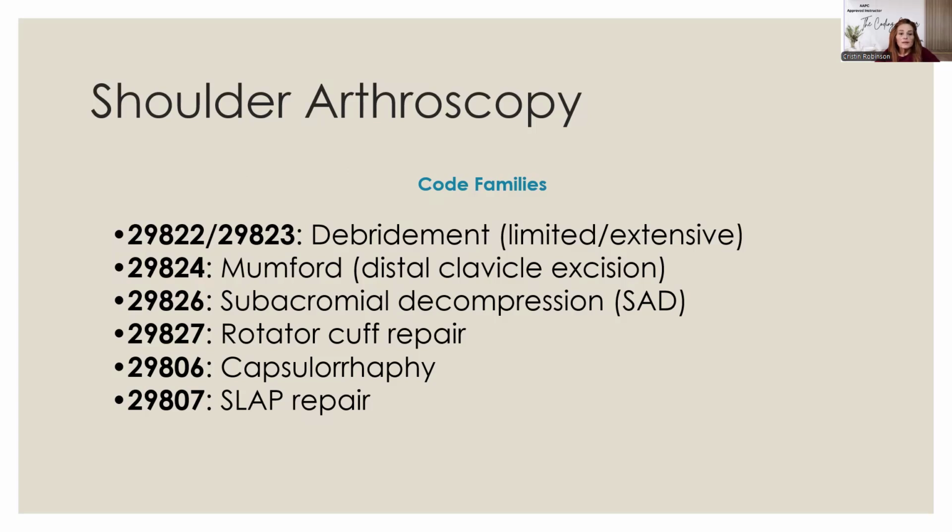29826, or subacromial decompression or SAD, is a surgical procedure aimed at relieving shoulder impingement by increasing the space under the acromion, allowing for better movement of the rotator cuff tendons. 29827 is rotator cuff repair.